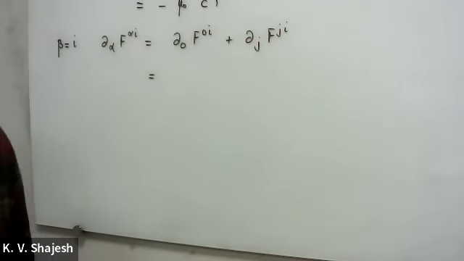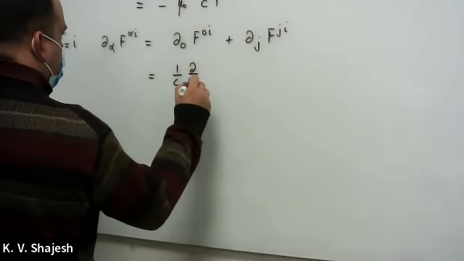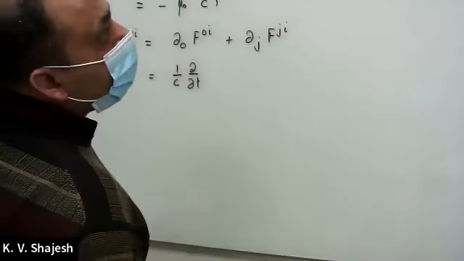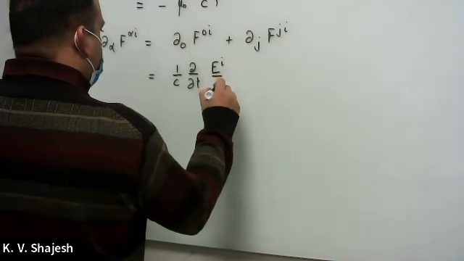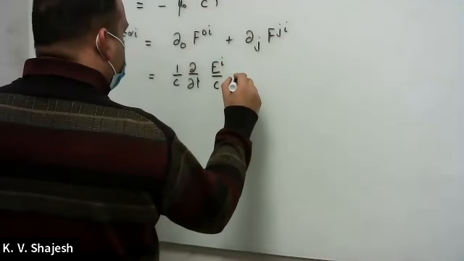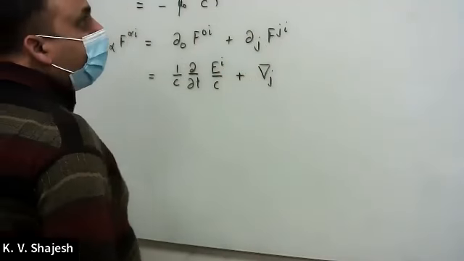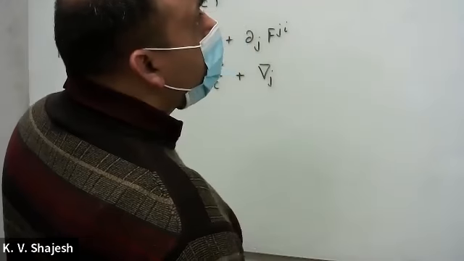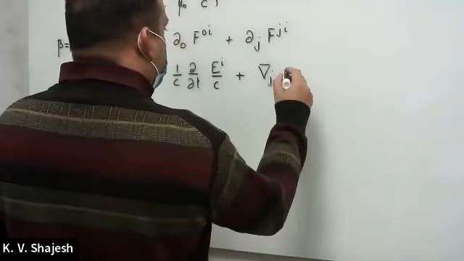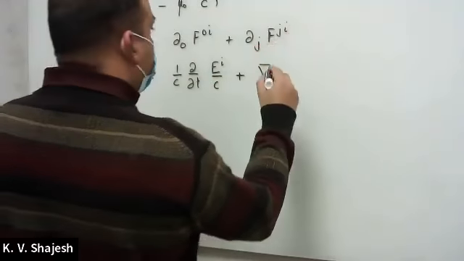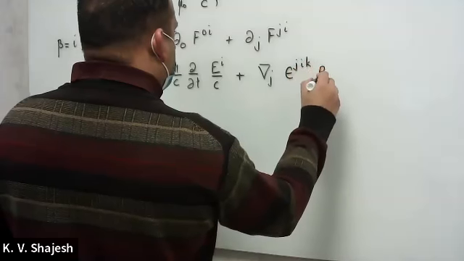D0 is nothing but 1 over c d by dt. F0I is nothing but electric field I over c, and this is plus gradient of j. Fji is nothing but minus, epsilon jik dk.